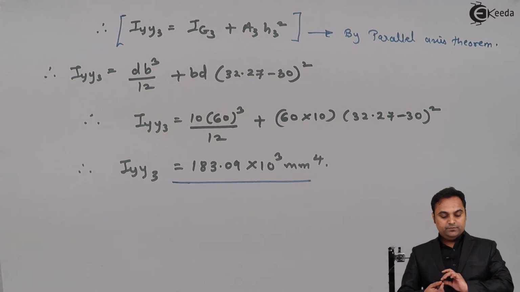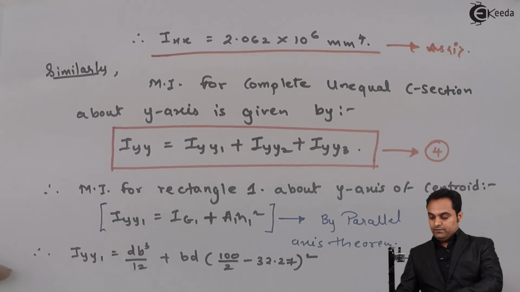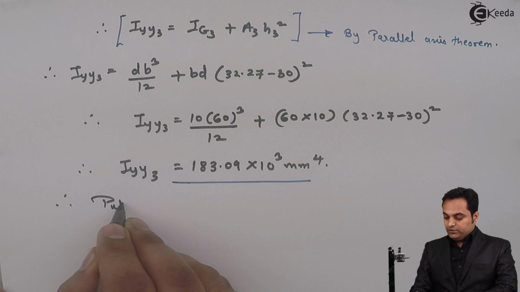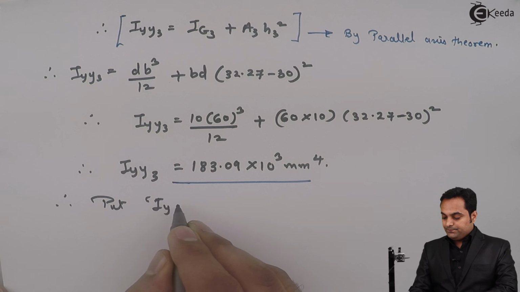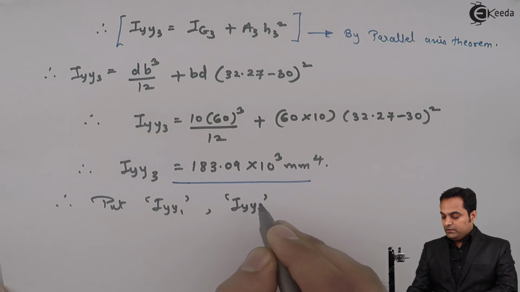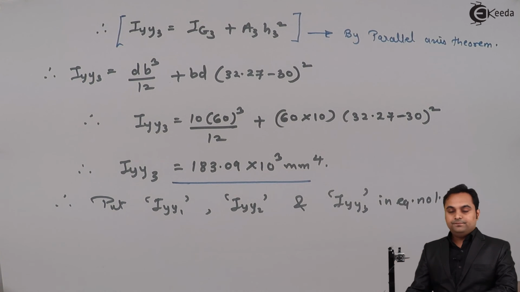So after this we can put all these values in equation number 4. So therefore put Iyy1, Iyy2 and Iyy3 in equation 4.